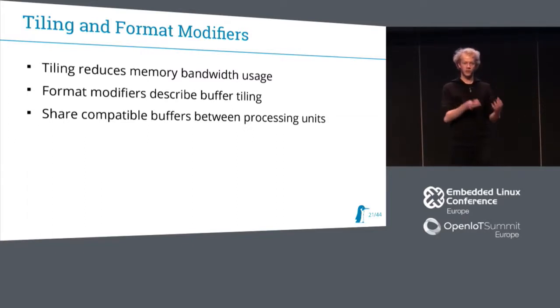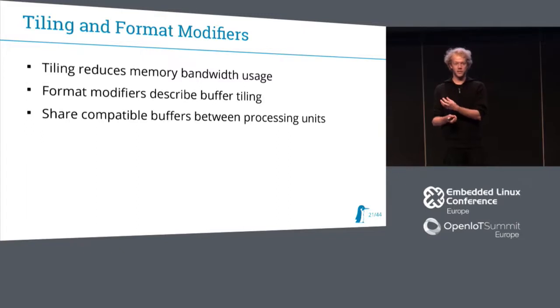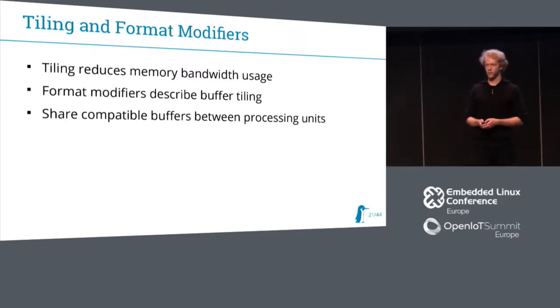So if your video decoder produces some proprietary tiling format, and your driver provides a modifier for that, and your display controller provides a modifier for that, it understands this proprietary tiling format, Weston might be able to just pass the buffer to the display controller.